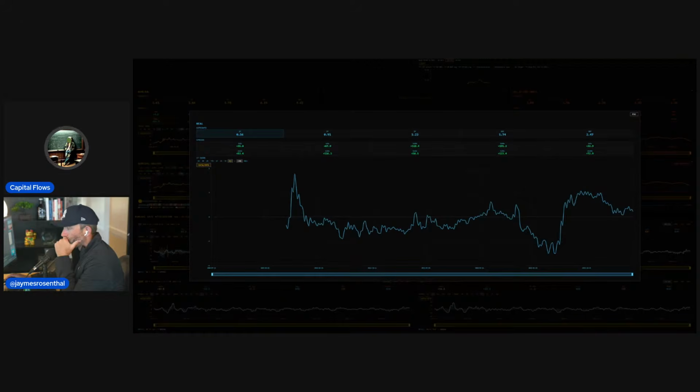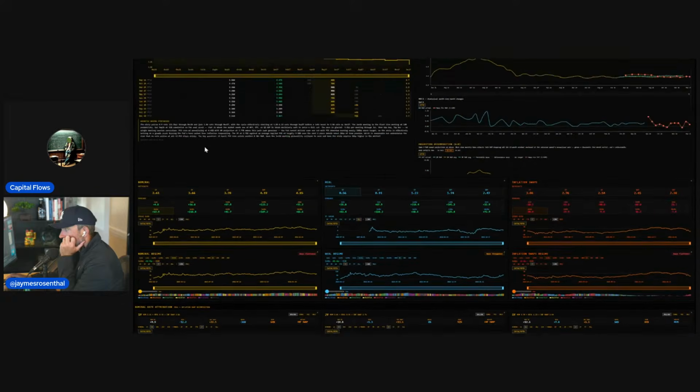And I'm going to build this chart in Bloomberg really fast, because I'm honestly surprised that more people don't talk about real interest rates. Every single day when I wake up, I look at this dashboard right here.